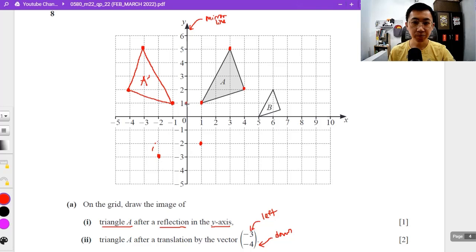Okay, here. So now again, use your ruler and join. Wow, not bad without a ruler. Okay, one last one, and label your A prime. Okay, so since there are 2 A prime here, right? So you can actually help your examiner or your teacher. This is your part 1, and this will be your part 2.